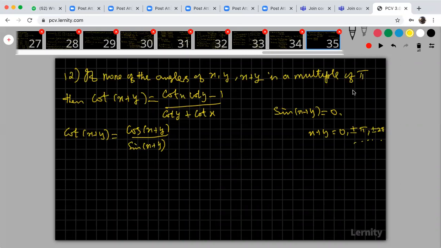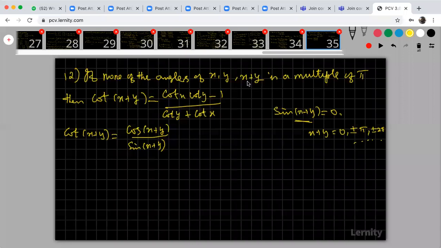In tan of x plus y, the condition is that x, y, x plus y are not an odd multiple of pi by 2, because cos x is 0 when x is an odd multiple of pi by 2. But here sin x is 0 when x is a multiple of pi, not only odd pi or even pi, all the pi's. Therefore, include 0 also. Right?